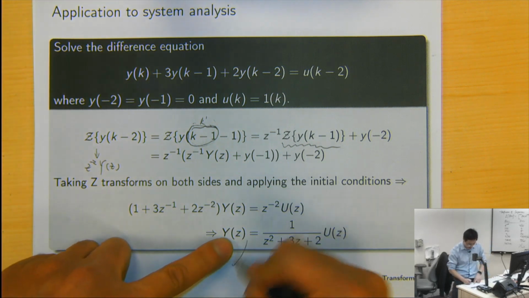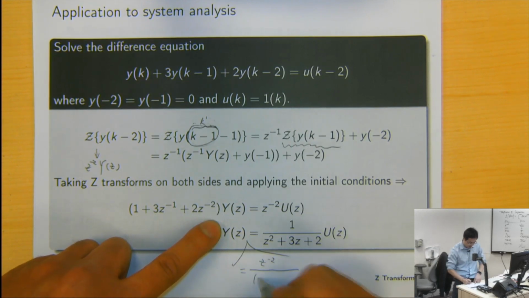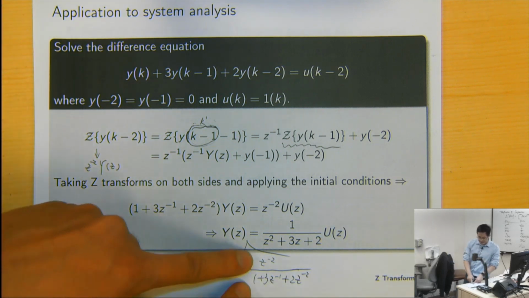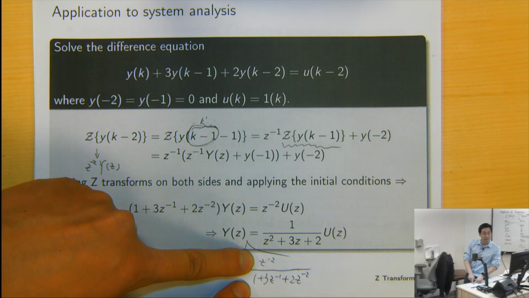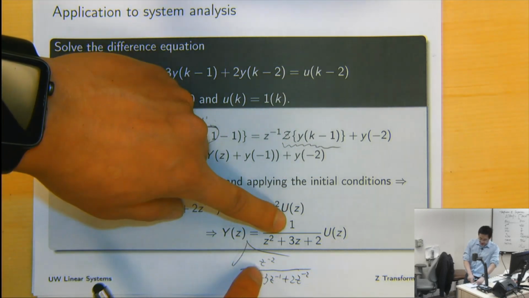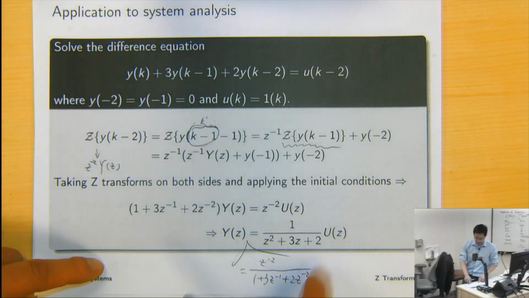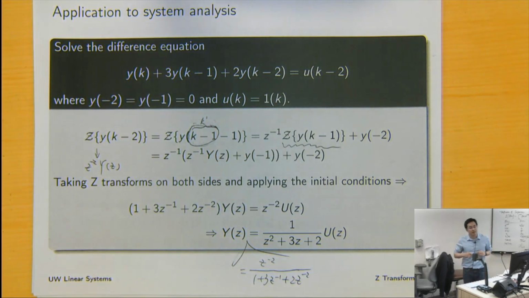So this is z negative 2 divided by 1 plus 3 z negative 1 plus 2 z negative 2, and multiply both the numerator and denominator by z squared. So it's going to be z negative 2 times z to the power of 2 is going to be 1, and then z squared plus 3 z plus 2. That is the discrete time transfer function between u and y.